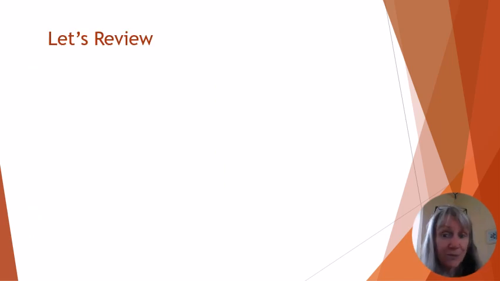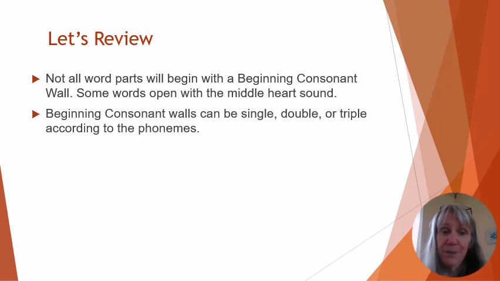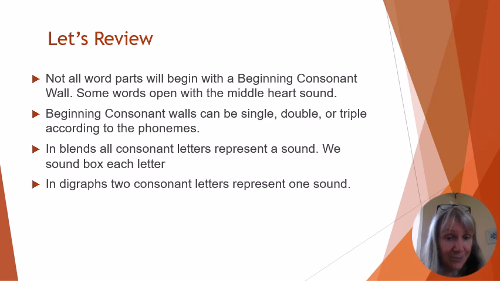Let's review what we've learned so far. Not all word parts will begin with a beginning consonant wall. Some words will open at the middle with the heart sound or the vowel sound. Beginning consonant walls can be single, double, or triple according to the phonemes. In a consonant blend, all consonant letters that you're seeing represent a sound, and we sound box each letter.